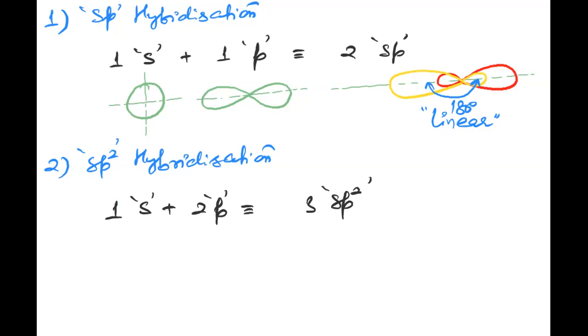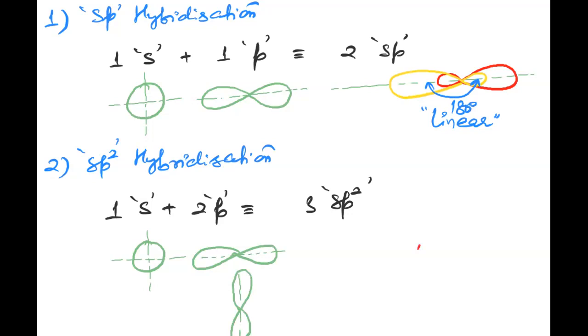You can imagine 1s, and this may be another p orbital, and another p orbital can intermix. Due to intermixing of these orbitals, we can get 3 sp2 hybrid orbitals.